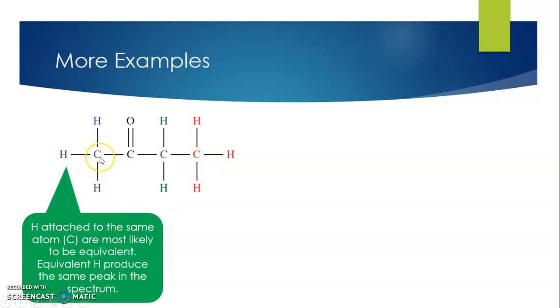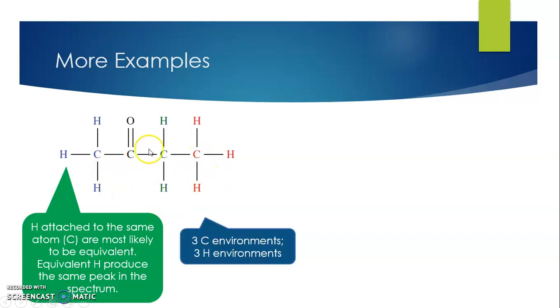Compared to this carbon, you'll see both carbons on the sides are connected to three hydrogens, but the blue carbon is right next to a carbonyl group. The red carbon is not, therefore two different environments. So it should be four carbon environments here, including that one, and three hydrogen environments.